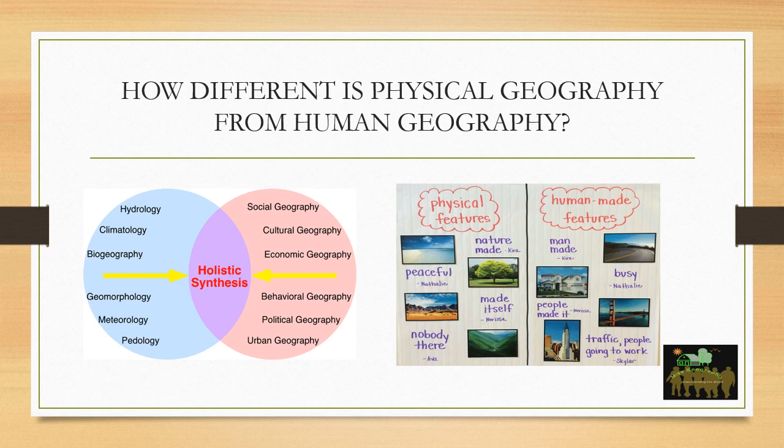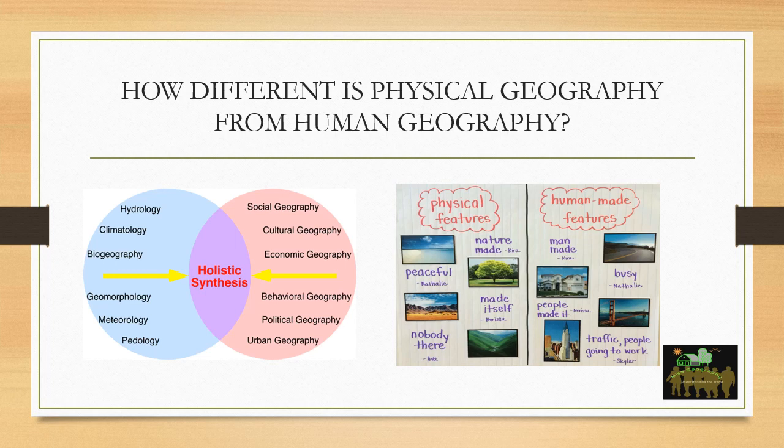On the left hand side, which is shaded in color blue, gives us the subdisciplines in physical geography, while the right hand side contains that of human geography. In the section for physical geography, we see things like hydrology, climatology, biogeography, geomorphology, meteorology, and pedology.